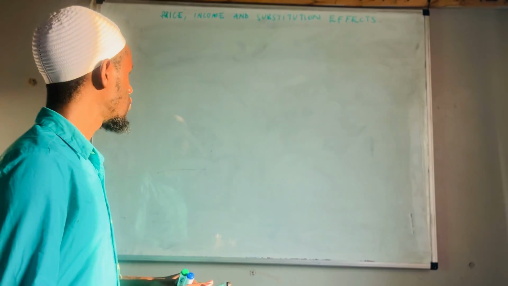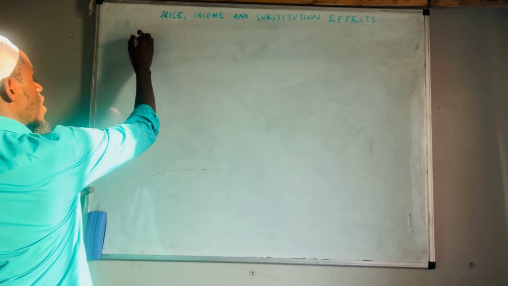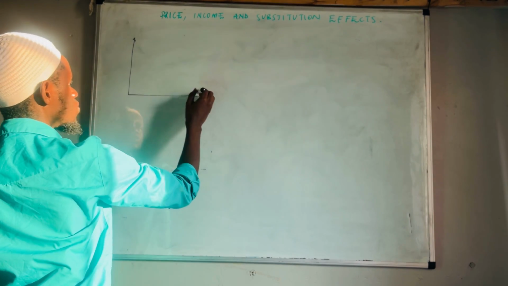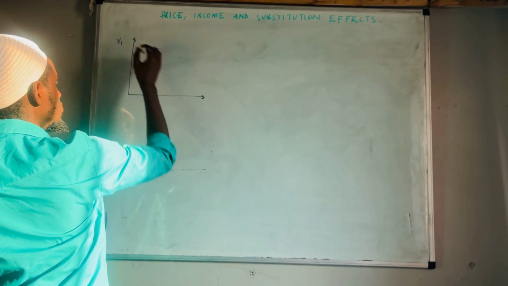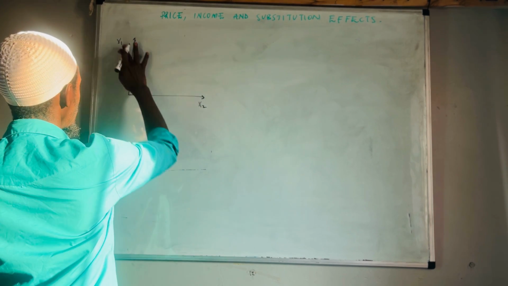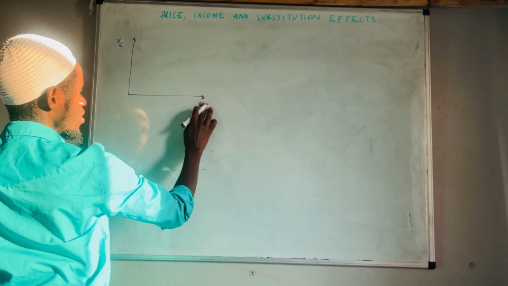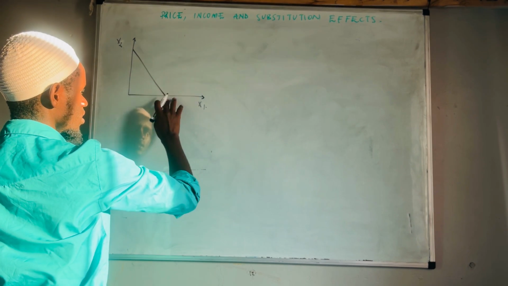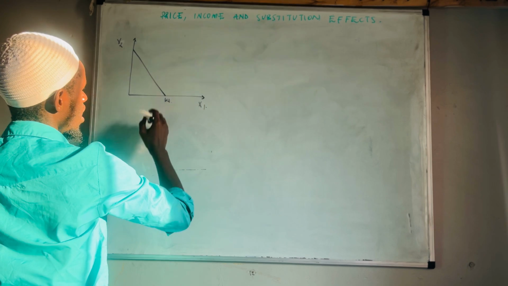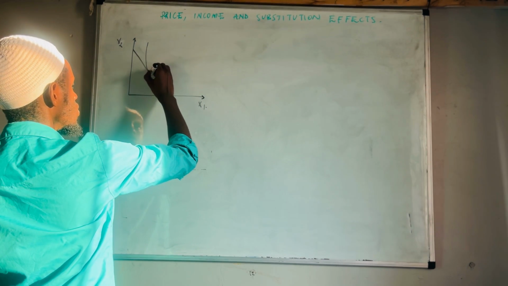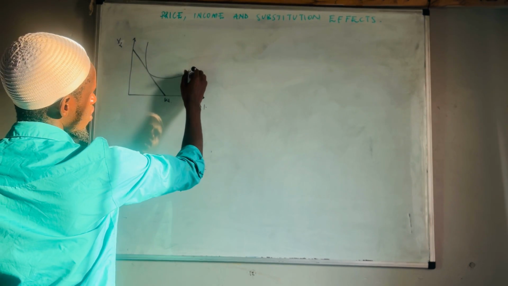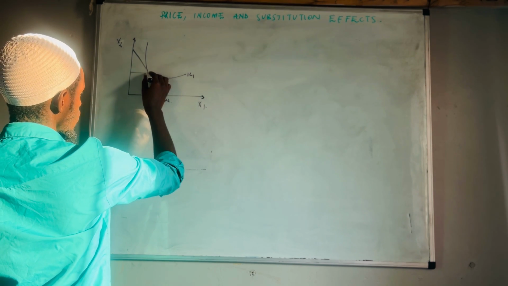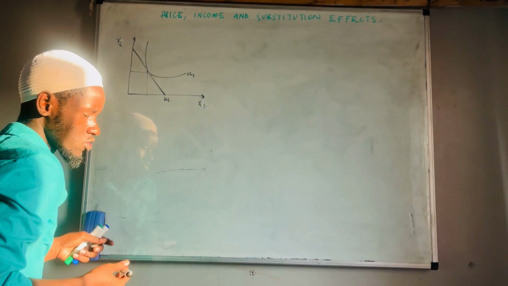Now, members, if we have a consumer who is consuming two commodities, X1 and X2, let me put X2 here and X1 here. He's faced with a budget line W, and an indifference curve IC1, and this is the optimal quantity of X1 and X2 that a consumer will consume so as to maximize his utility.